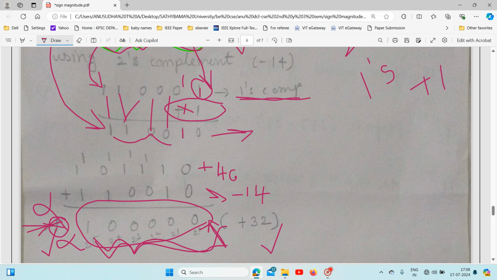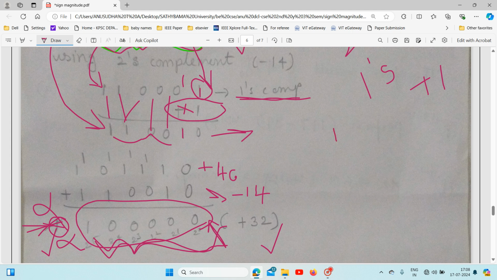So I think you are able to understand this concept. So please note down the rules for the 1's complement and 2's complement, how to convert the given number to 1's complement, how to convert the given number to 2's complement. While performing the addition operation, the rules are different for the 1's complement and 2's complement.